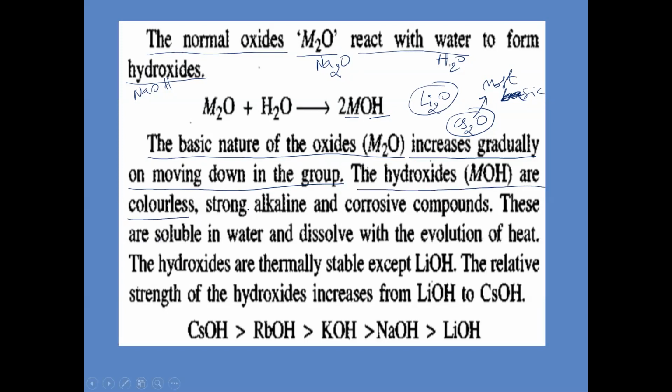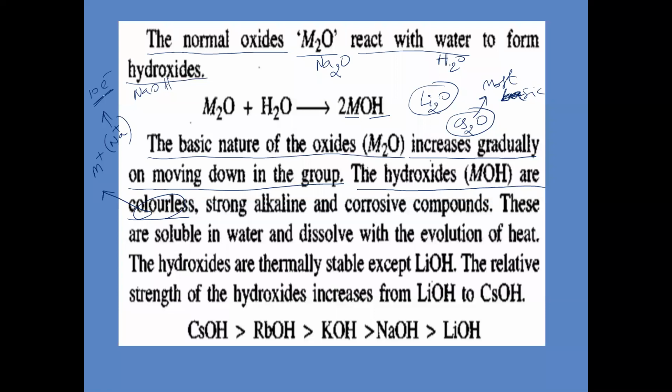The hydroxides are colorless solutions. Why colorless? The reason is that here M plus, like Na plus, how many electrons does Na plus have? 10 electrons. 10 electrons means 1s2, 2s2, 2p6. So in 1s2, 2 electrons are paired, 2s2, 2 electrons paired, 2p6 also. All the electrons are paired.